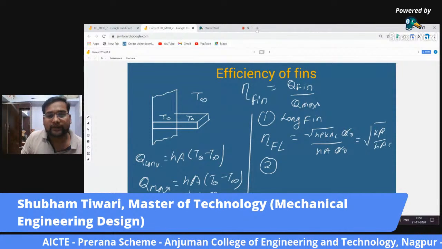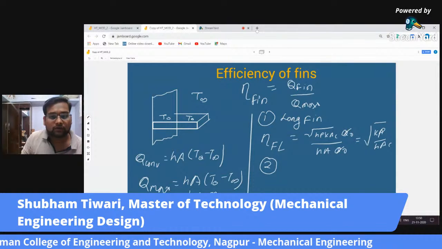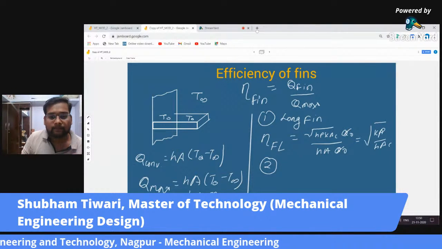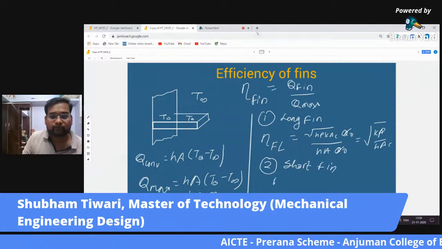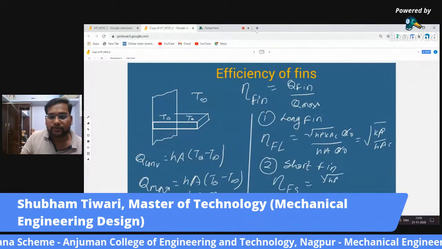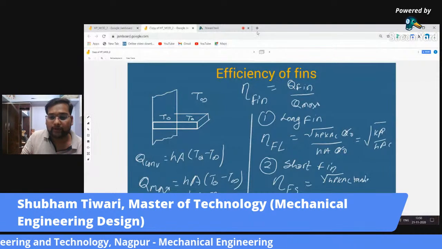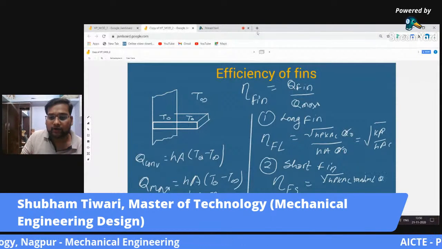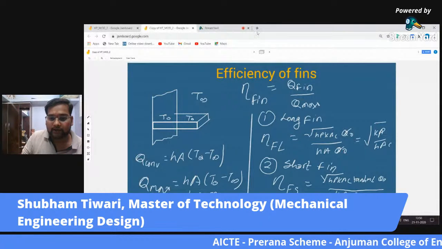Now, what is the value of Q fin for the short fin? Under root of HP KAC tanh ml theta naught upon HA theta naught.